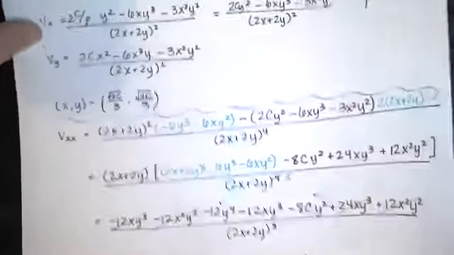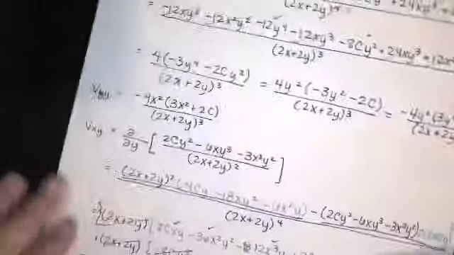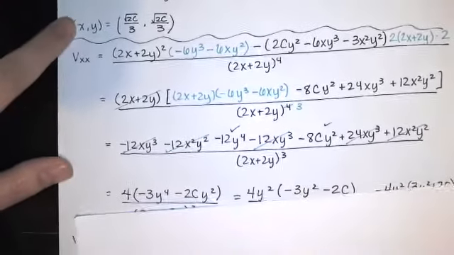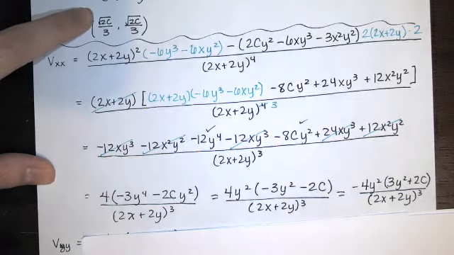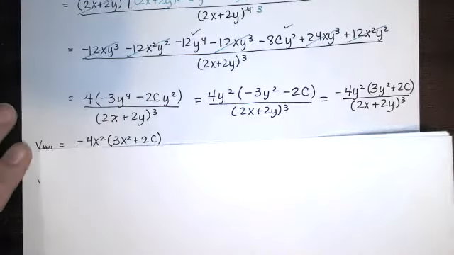All right, now we wanted to use the second partials test, which requires evaluating all of these partial derivatives at a particular point, at our critical value. And remember, this was our critical value. So I've got x and y are both square root of 2c over 3.